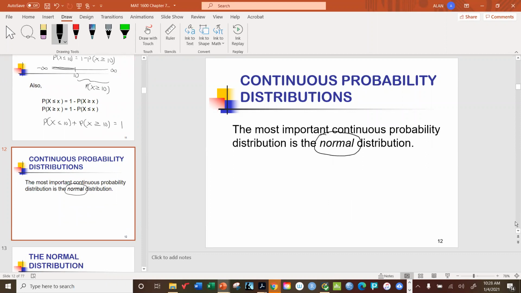We're going to continue seeing it throughout this course. It's not just something you show once and that's the end of it. Like, for example, we're not going to do a whole lot with the Poisson distribution after chapter 6, but this is different. The normal distribution shows up in many different applications in practice. So it's used almost everywhere.